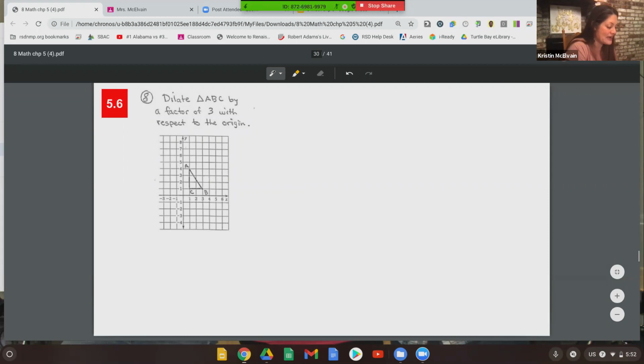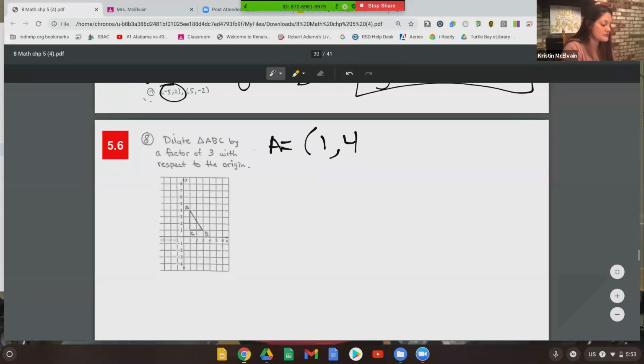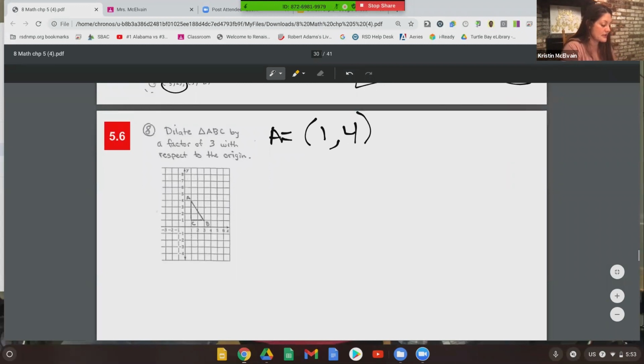Okay, so we have A. This is our pre-image. It's 1, 4. And so we're going to dilate that by 3.